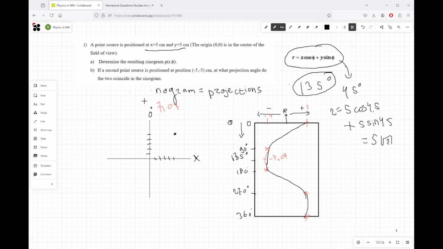And now if we do that, we end up with, this is 90 degrees, this is 180 degrees, and then we end up in the middle.